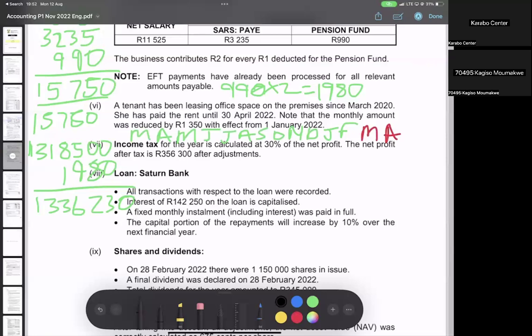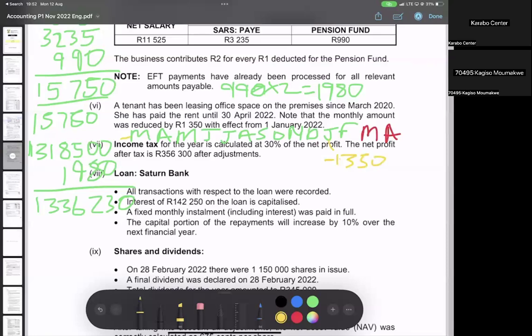They say the rent decreased by 1,350 with effect from 1 January 2022. So from here, it's 2021, March, April, May, June, July, August, September, October, November, December. So January, the rent was decreased by 1,350.